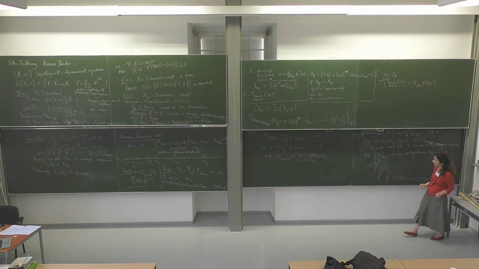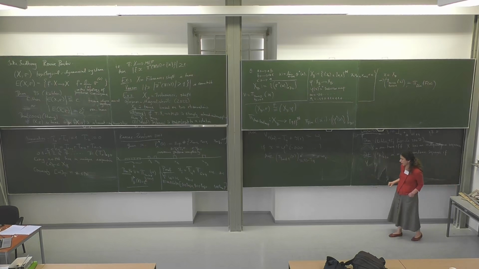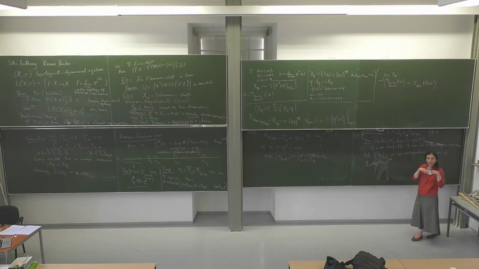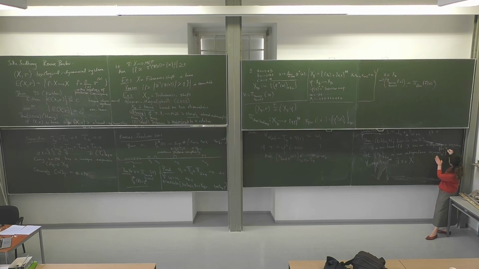if for any word that you give me, and now my w or omega is going to be in {0,1}^n, so any choice function that you give me, there exists a point in my space. It's an independent sequence for a dynamical system (X, sigma), say.